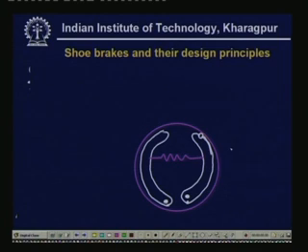So, there is a spring. This will normally be disengaged, and we may have one cam. There is a cam which, when rotated, will push these two shoes. Now, these are two shoes which contain this friction lining here.